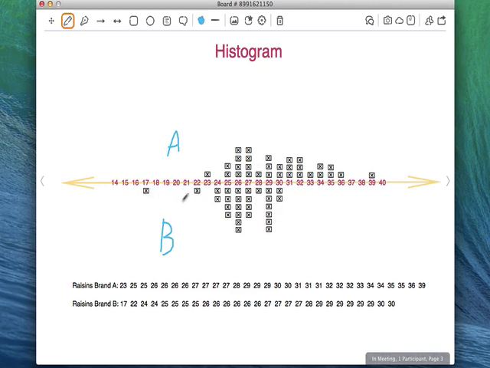There's one way down here, but for the most part it's not spread out as much as brand A. Histograms are used to show how many times things occur, but comparing two different histograms tells you quite a bit about the data. So that's the purpose of a histogram. It's a special type of bar graph.